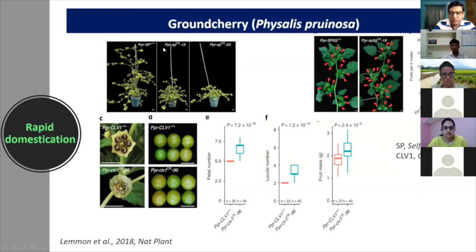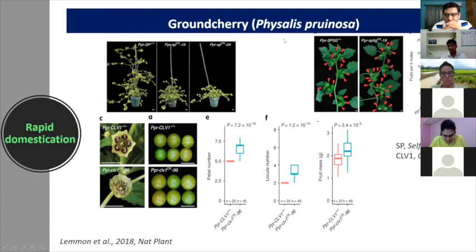By knocking out those genes that are responsible for domestication, because we already know those genes from basic studies, you target those genes to edit, and you make, in 2 or 3 generations, even in 1 generation, a compact ground cherry plant that looks like a domesticated one.